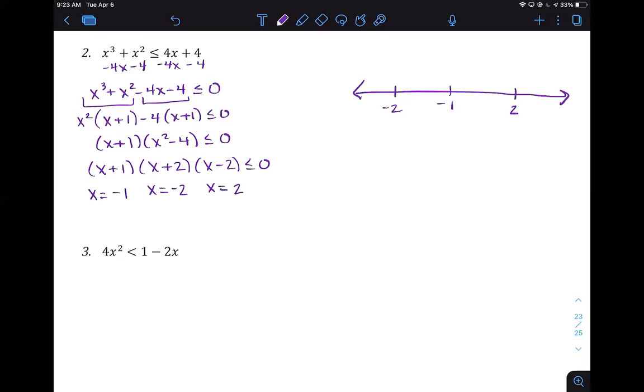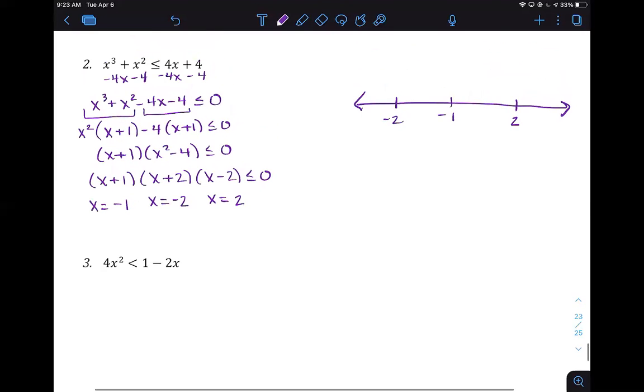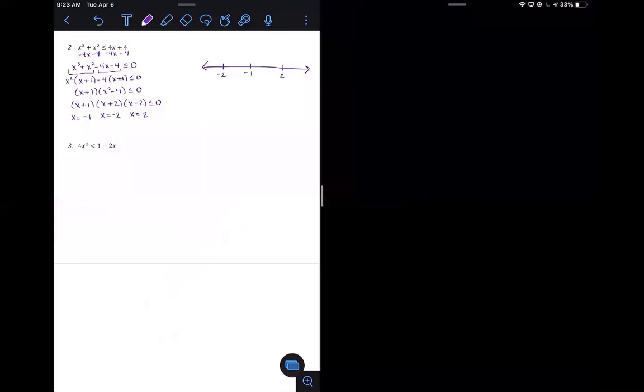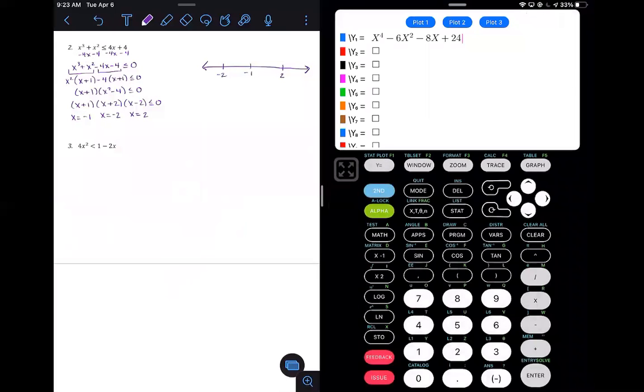And in the Edpuzzle video, I told you guys to make test points. Okay, and that's fine. You can also use what you know about graphing a polynomial, or just use your graphing calculator. So if we use a graphing calculator and we type this in, we're going to type in when we have it equal to 0.